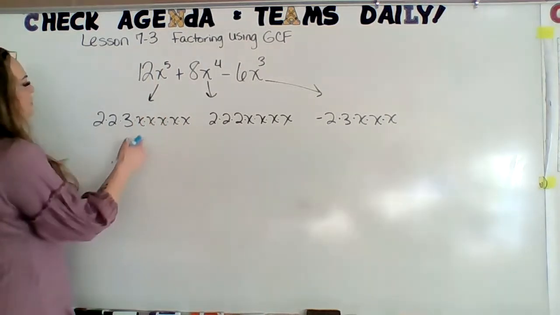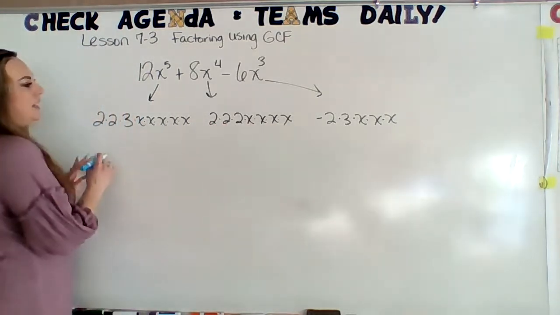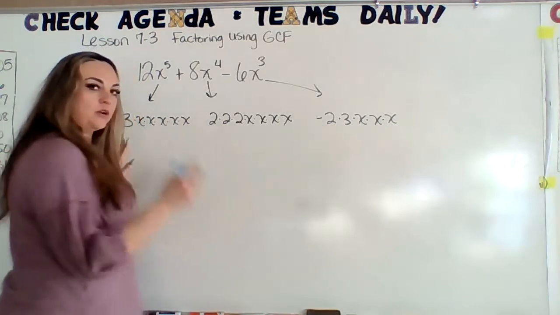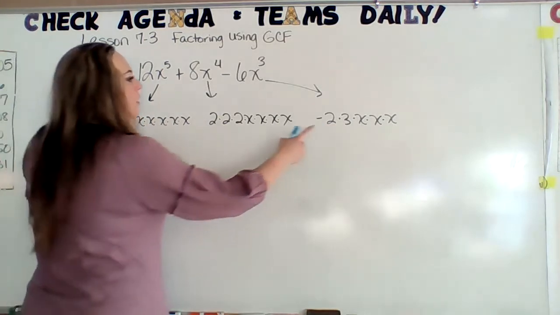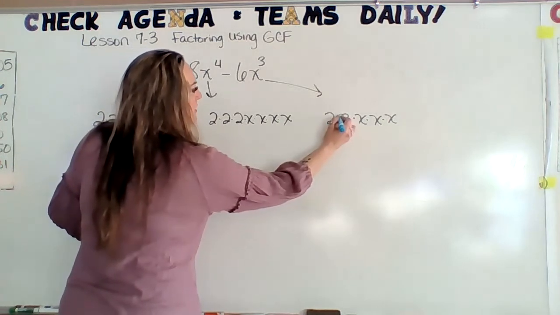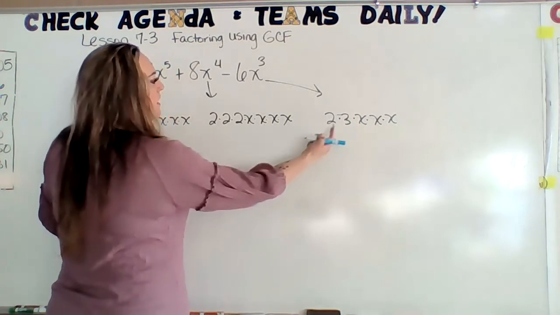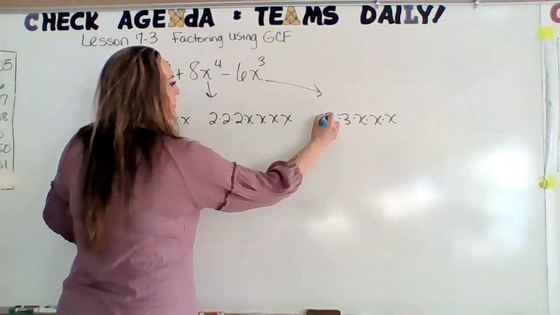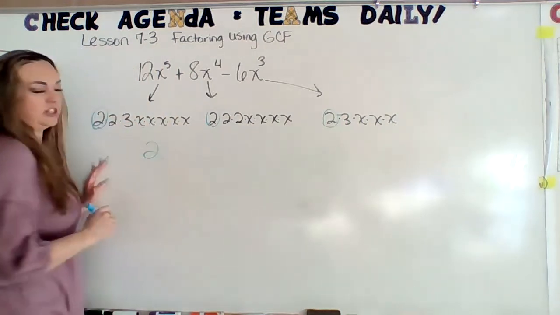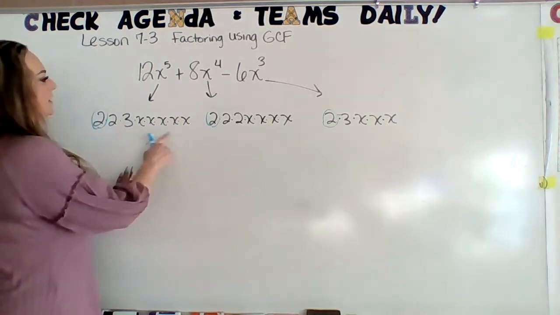So this first one, let's look at the coefficients first. Now, these two have a 3, but this one does not, which means we can only pull out a 2, right? Since we needed one of these to be negative, we're just going to pull out a positive 2 and put the negative there. That still shows -6. So we're going to factor out a 2 for our coefficient. They all have those in common. Then we look at the x's.